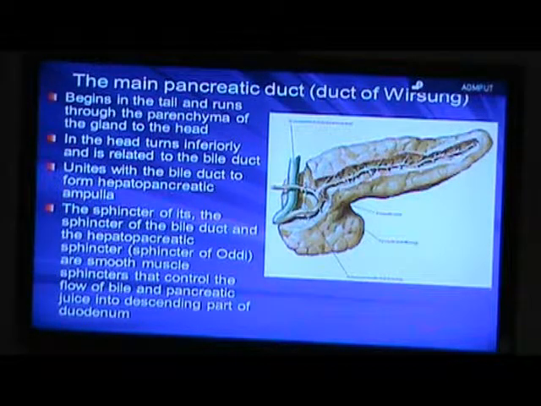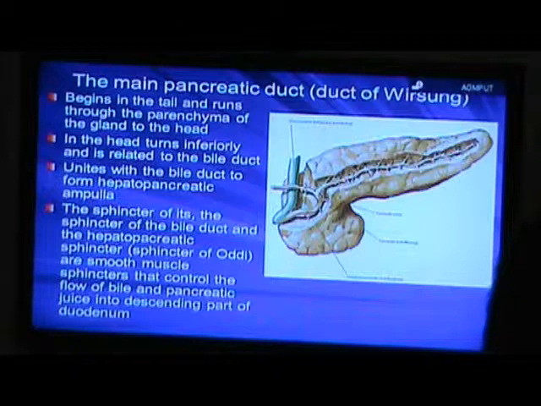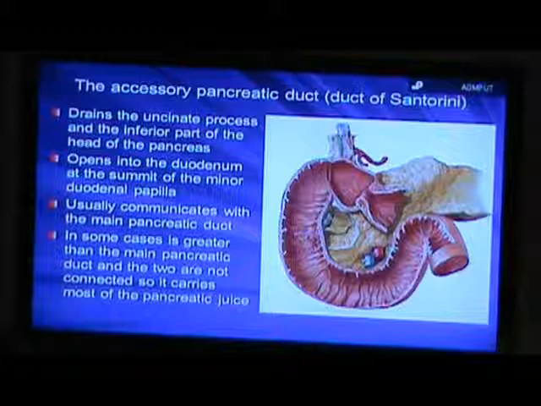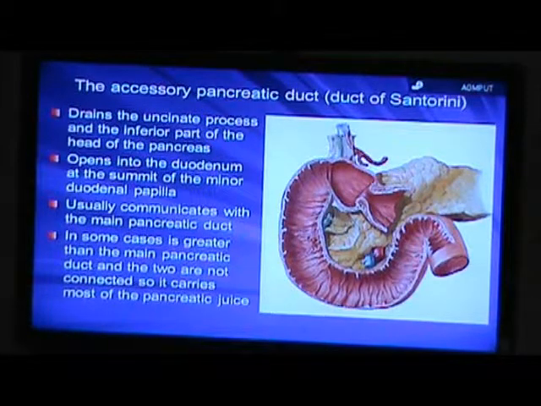We know that the parasympathetic fibers relax such sphincters, and the pancreatic juice can flow to the descending part of the duodenum. Later we will see such sphincters one more time.